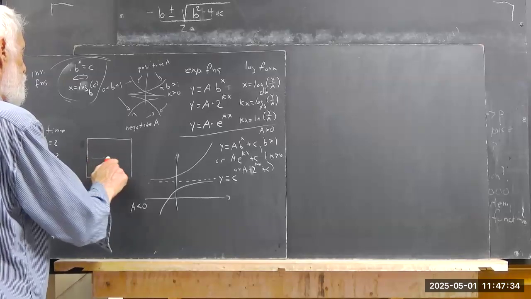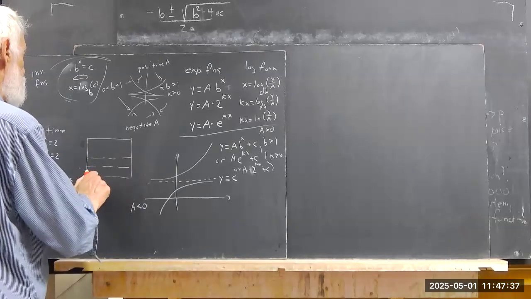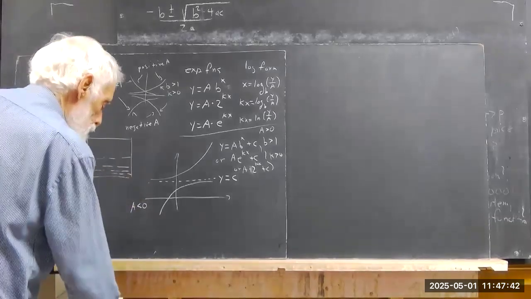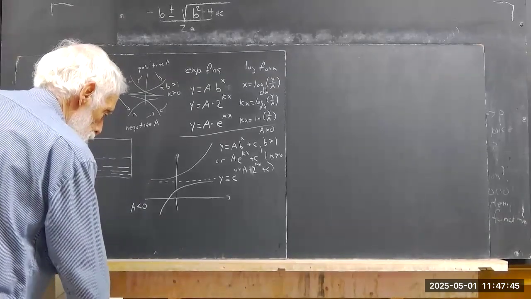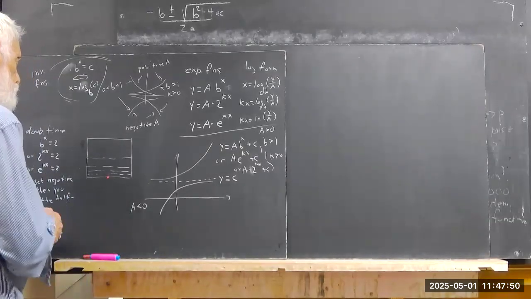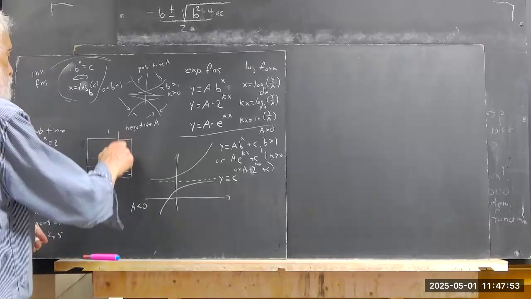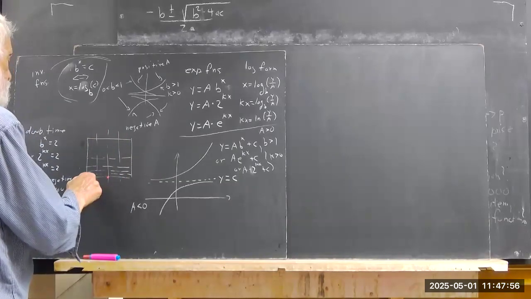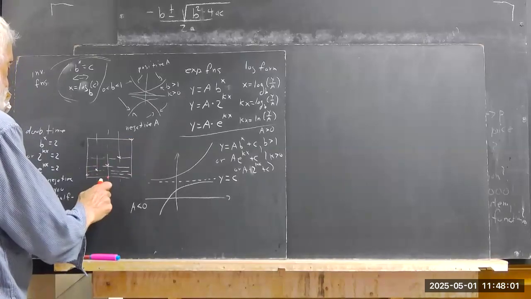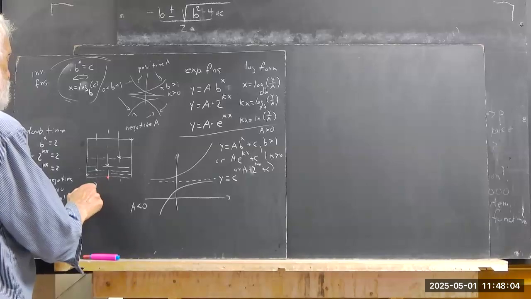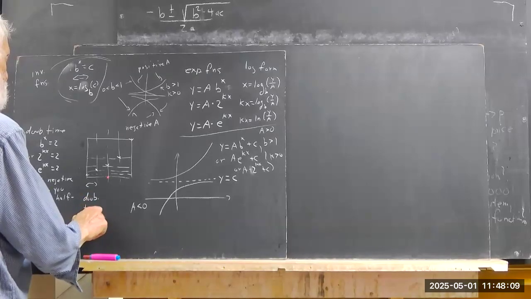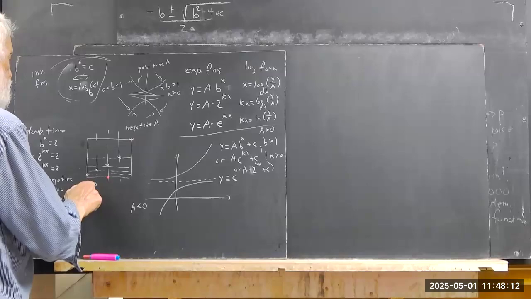If you construct the graph of the exponential function, each of these intervals is the doubling time.